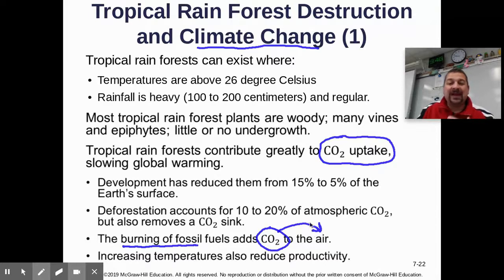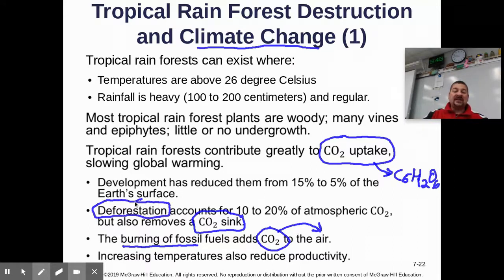So it's important to have trees, because trees take the CO2 out of the air and lock it back into sugars and other organic compounds. Trees and plants, especially trees, because they have such biomass, we call a CO2 sink. So besides burning fossil fuels, deforestation is really causing a lot of that increase in atmospheric CO2.